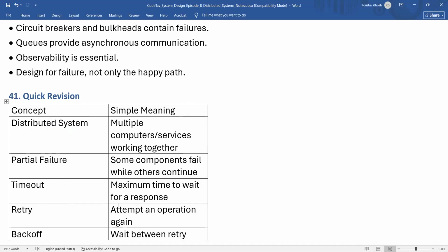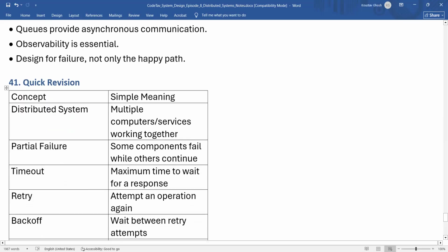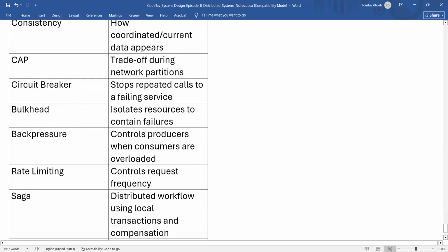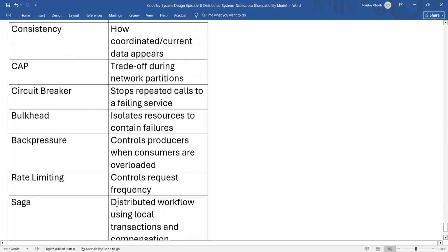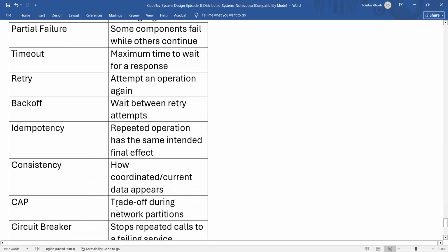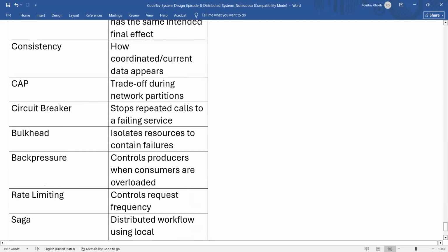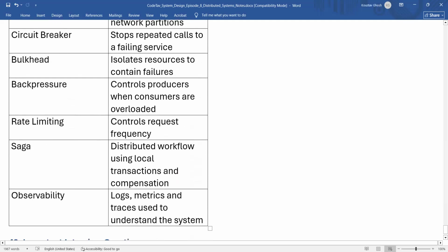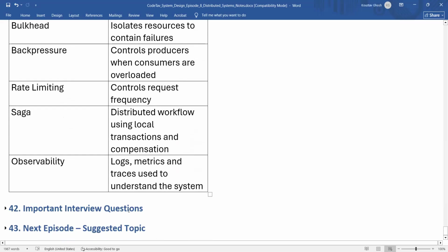Therefore, we need proper failure handling strategies. So you need to remember these concepts. Okay, like retries, backoff, idempotency, consistency, CAP theorem, circuit breaker, bulkhead, back pressure, rate limiting, saga, observability, all we have discussed.